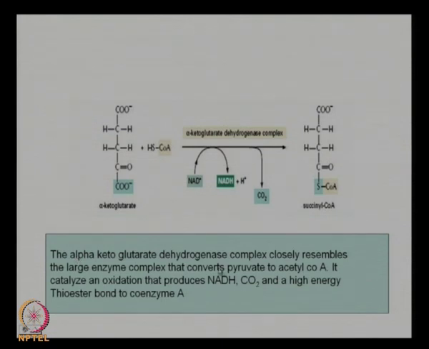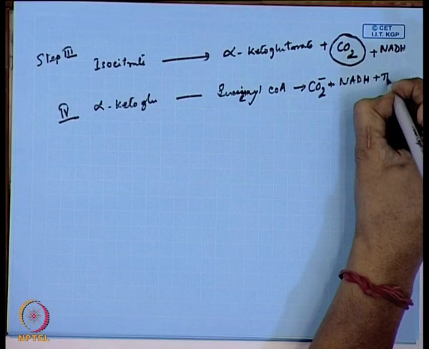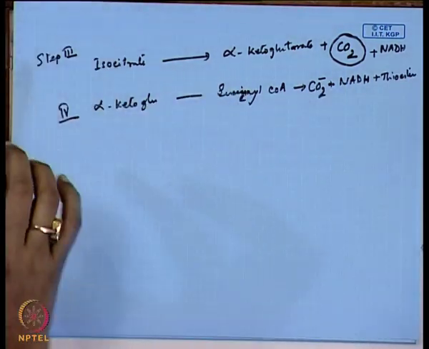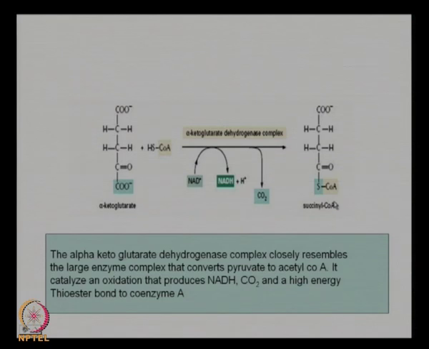The alpha ketoglutarate dehydrogenase complex closely resembles the large complex that converts pyruvate to acetyl CoA. It catalyzes the oxidation that produces NADH, CO2 and a high energy thioester bond to coenzyme A. So, the thioester bond is also produced, linked with this coenzyme A.